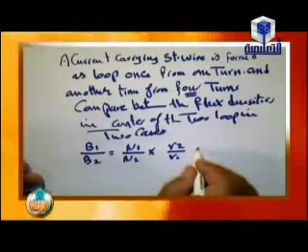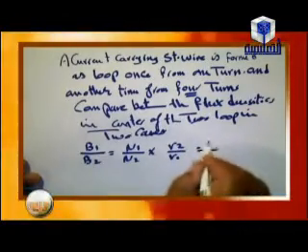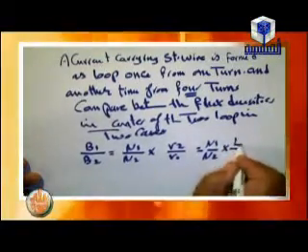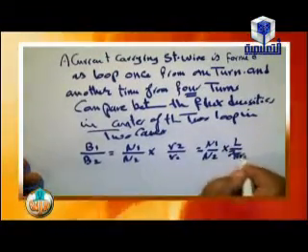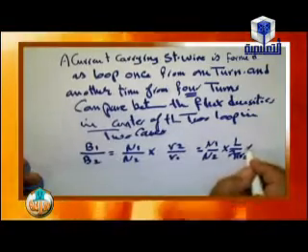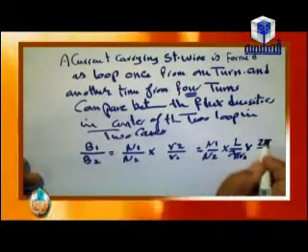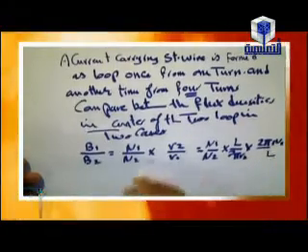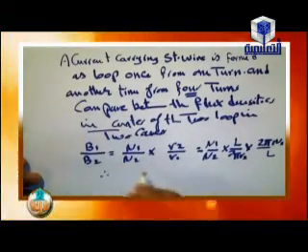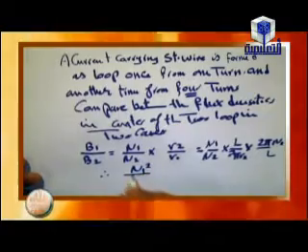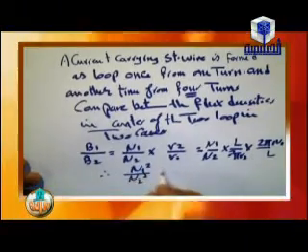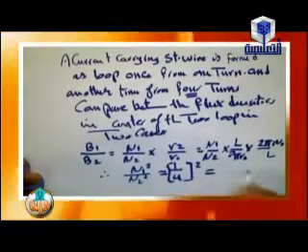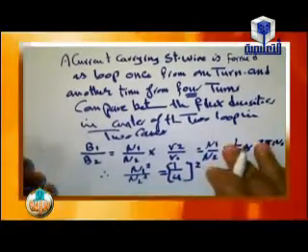Then it equals N1 over N2 times L over 2 pi R2 times 2 pi N1 over L. Then N1 squared over N2 squared is equal to 1 over 4 all squared, which is equal to 1 over 16.